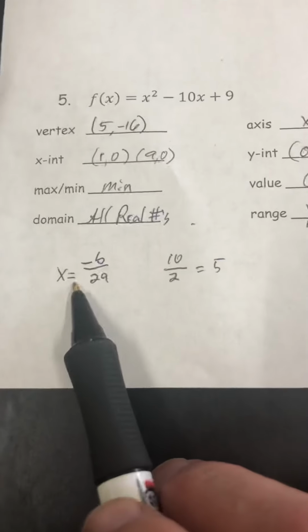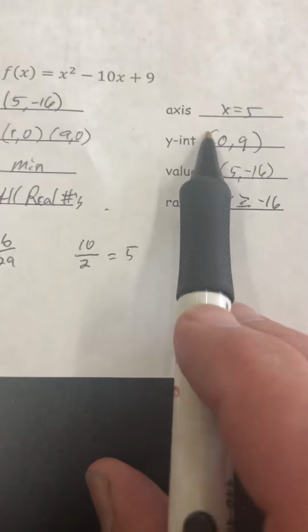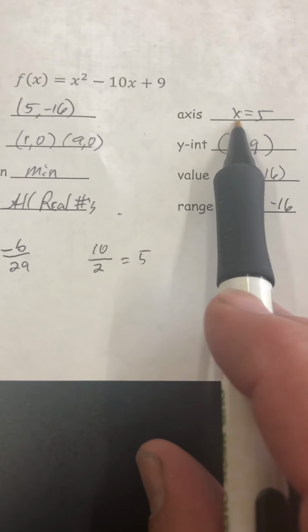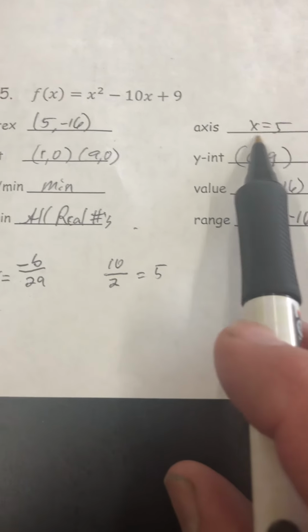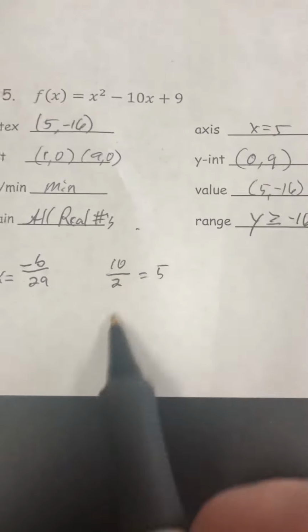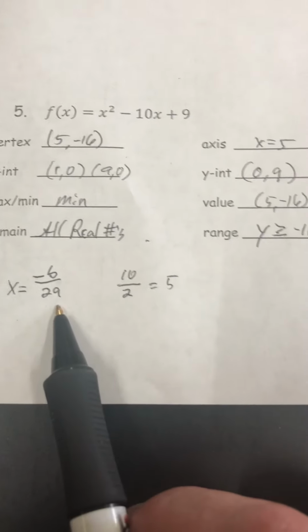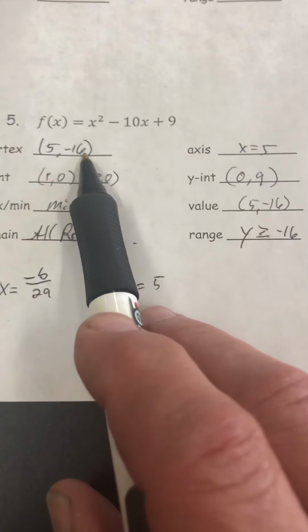The vertex on this one, after completing this vertex form, you get 5 as the axis of symmetry. I don't know why I said vertex form. I was thinking of something else. So anyways, the axis of symmetry we figure out is x equals 5 by completing this formula. I plug in that 5 into here, and you end up with negative 16.